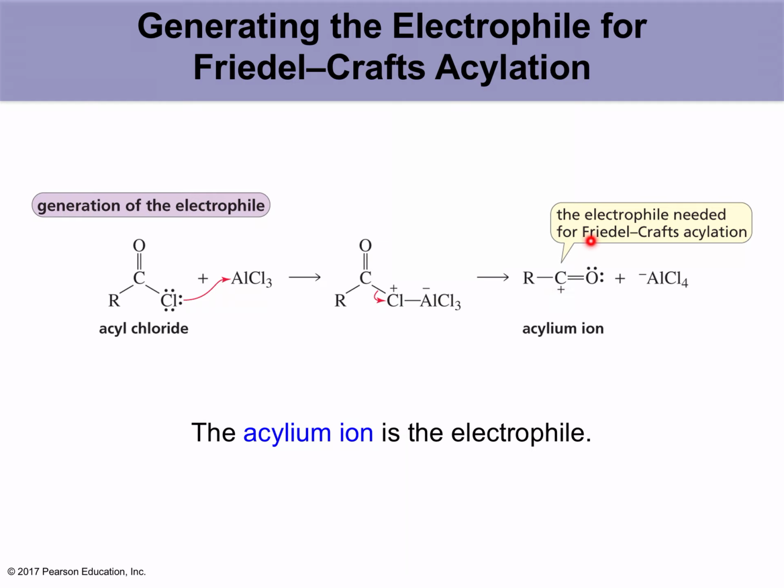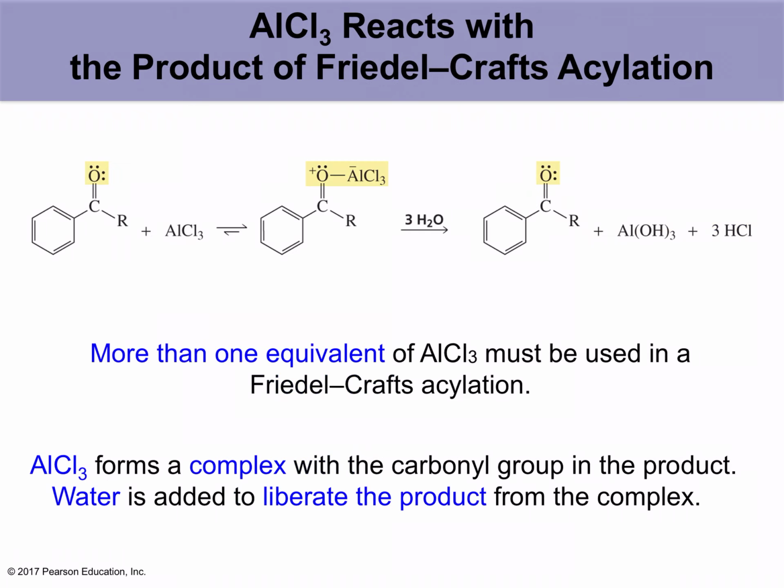And this is the electrophile needed for the Friedel-Crafts acylation, plus AlCl4 minus. Instead of a carbocation, the better name for this ion is acylium ion. The acylium ion is the electrophile. Okay.